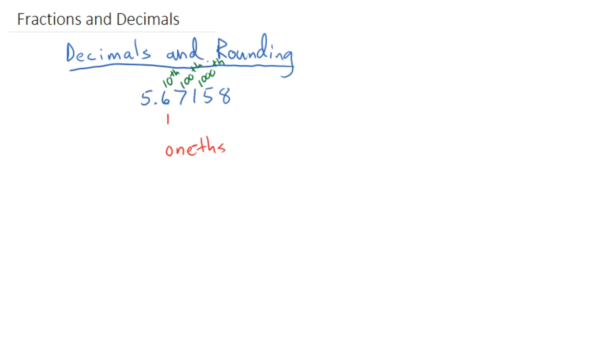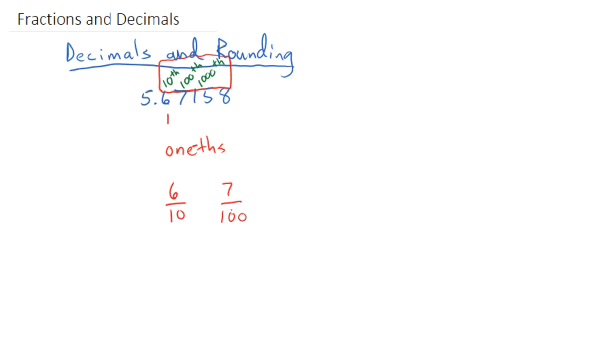If you think about these numbers here, when you're doing your decimal place values, you're essentially saying the size of the denominator if I converted that to a fraction. So to put a 6 in the tenths place is to say you have 6 tenths. To put a 7 in the hundredths place is to say you have 7 hundredths, and so on.